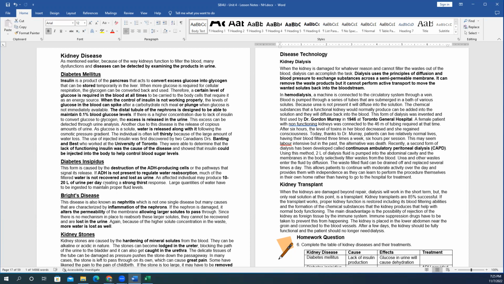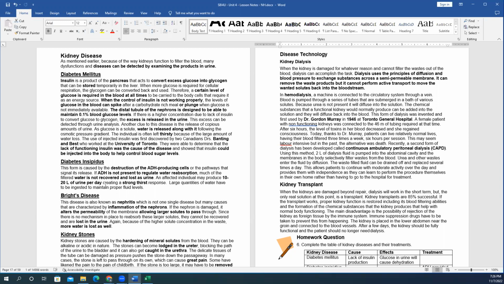And during a time where you need that glucose for cellular respiration, that glycogen can be converted back to glucose and used up again. So therefore, you need a certain level of glucose in the blood at all times to be able to be carried to the body cells that require it as their energy source for cellular respiration.